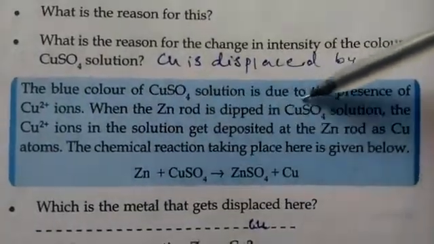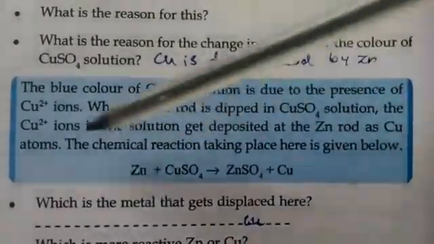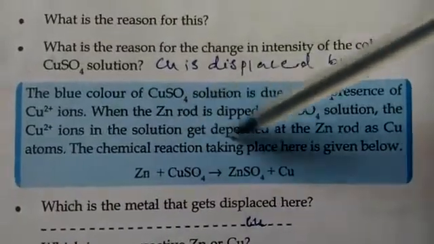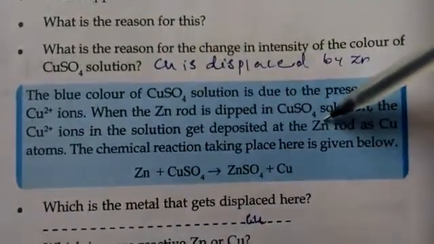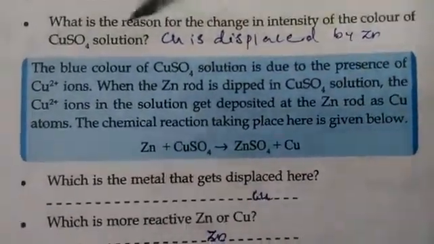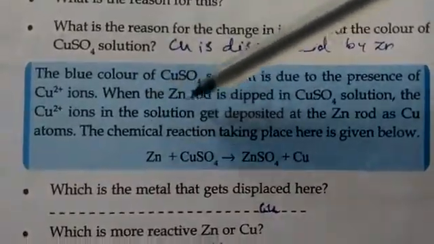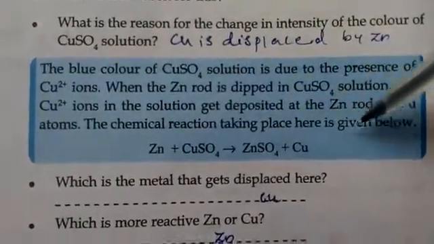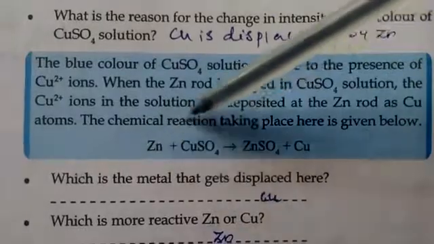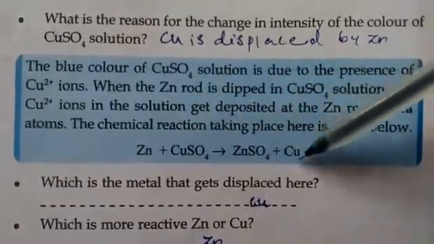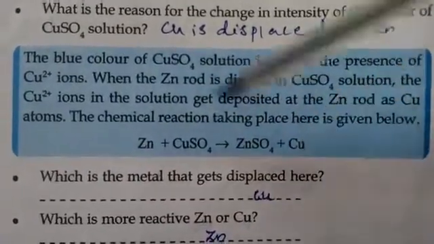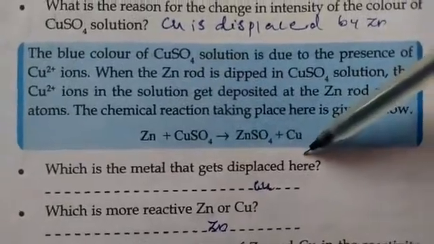When the zinc rod is dipped in copper sulfate solution, the Cu2+ ions in the solution get deposited at the zinc rod as Cu atoms. The chemical reaction taking place here is Zn plus CuSO4 gives ZnSO4 plus Cu. So this is the total reaction.